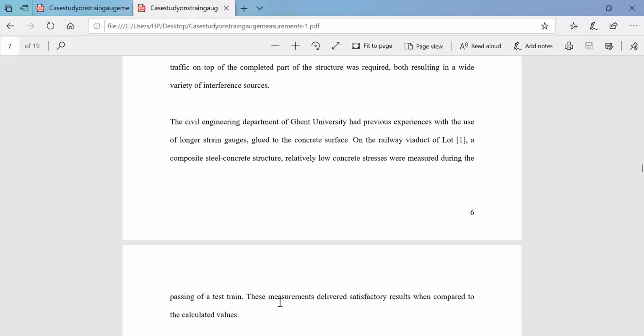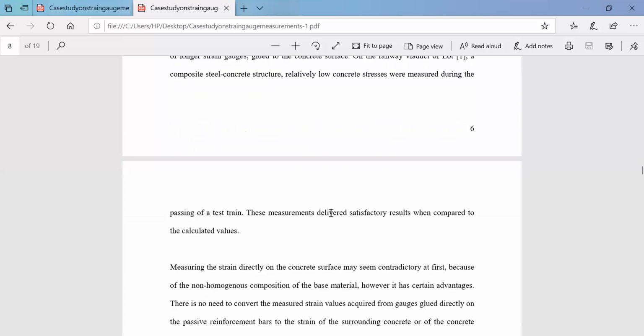So when you want to check the trial, you pass a test train on the railway track, on the tunnel, so a composite steel concrete structure could be applied and it could check the relative stresses measured when you intentionally pass a test train through it.